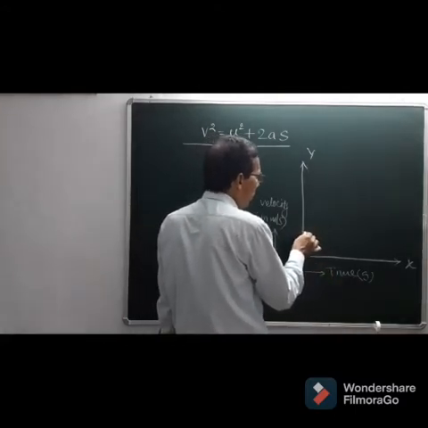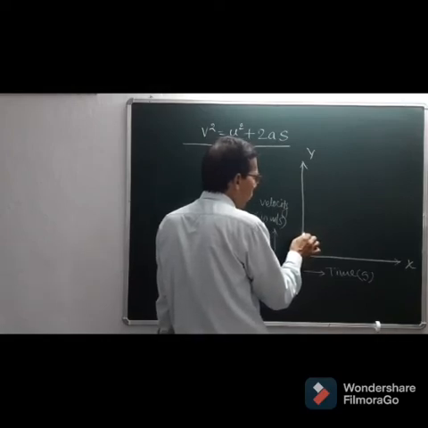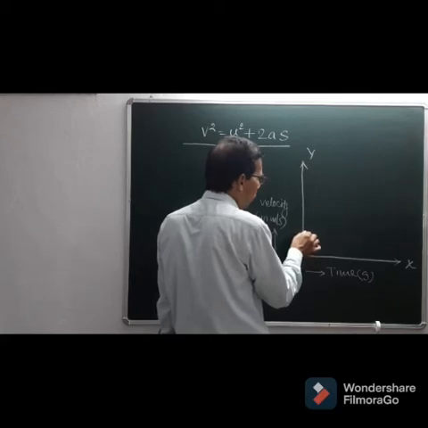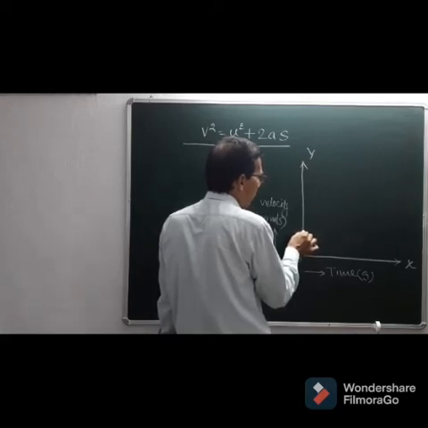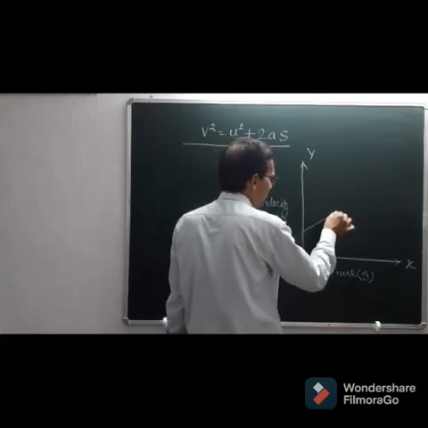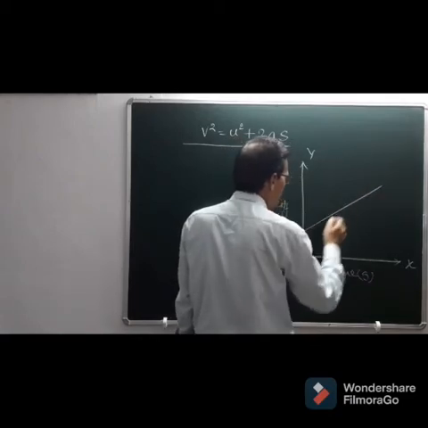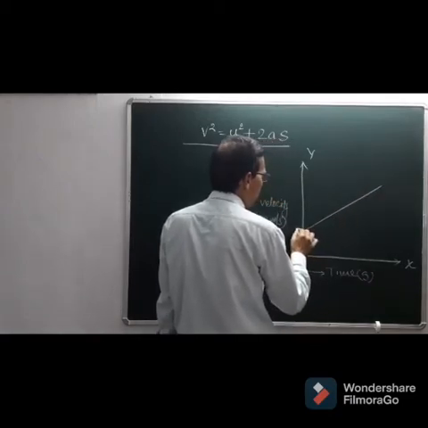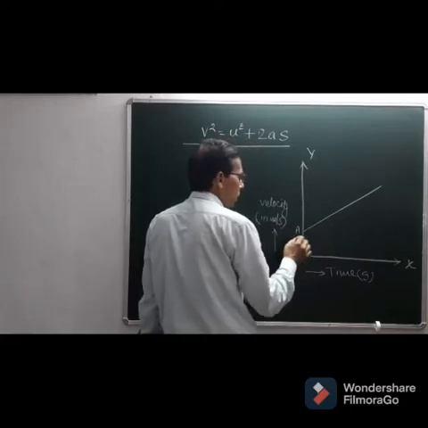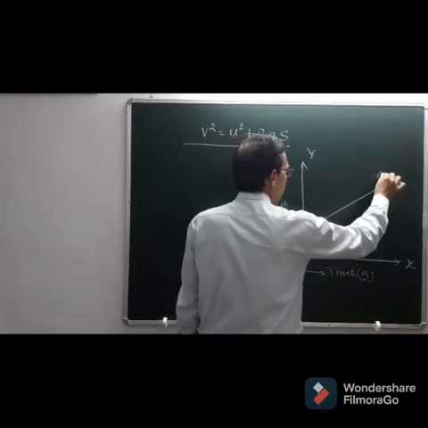When the body is not at rest initially and it is moving with uniform velocity, then we obtain a graph, straight line AB.